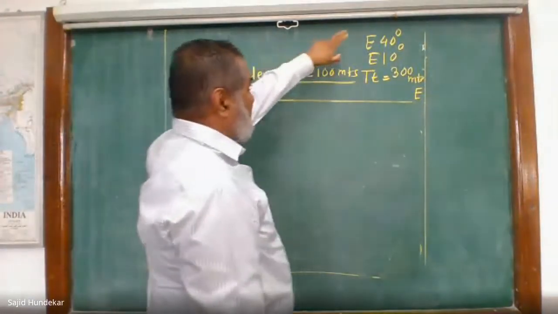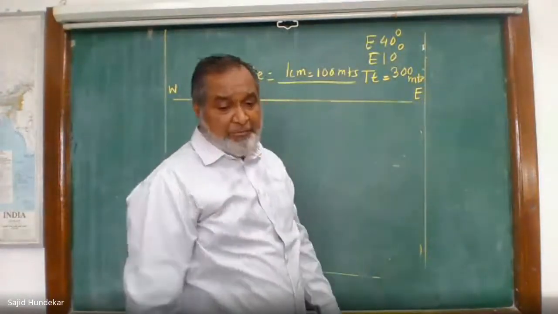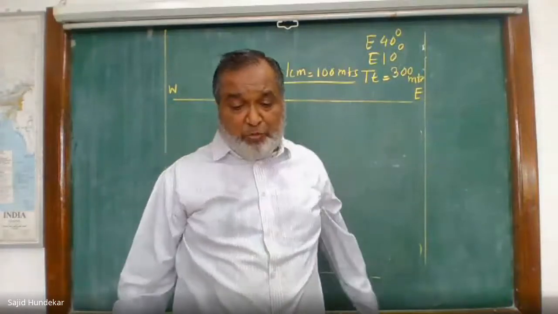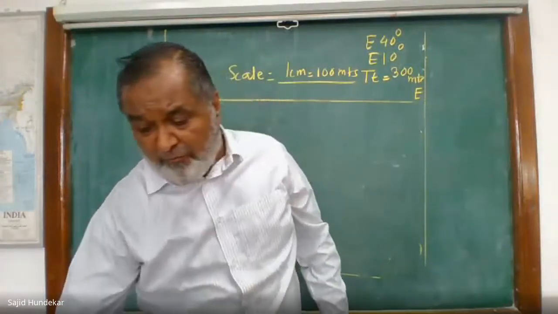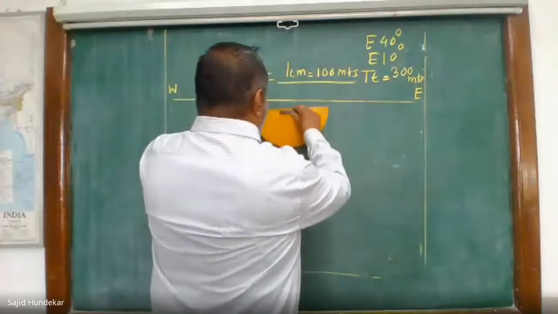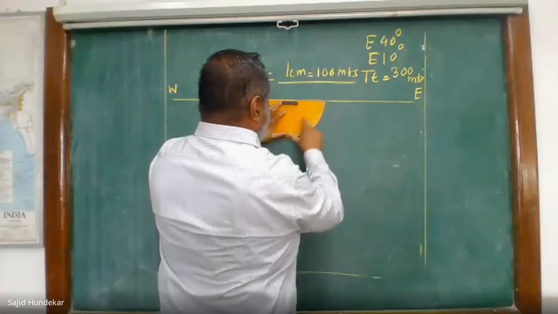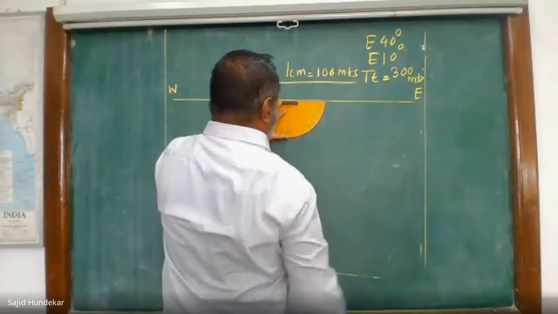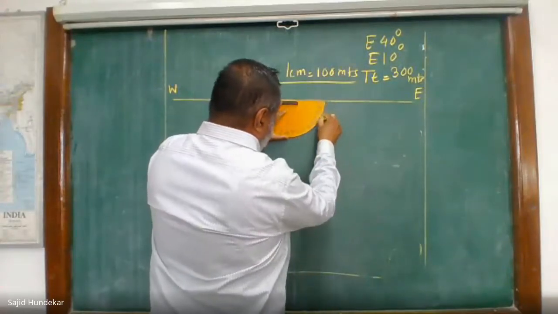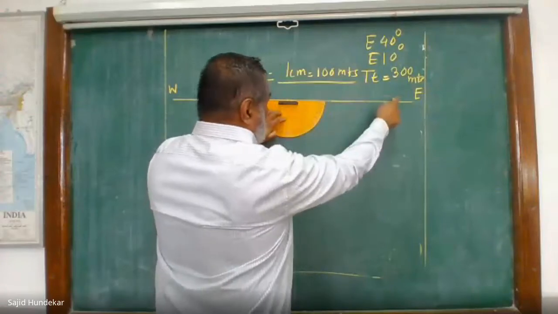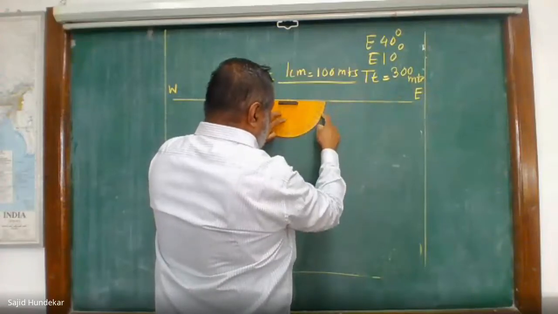The first one, here it is given the 40 degree. The conglomerate bed dips towards east by an angle of 40 degrees. So keep the point in the center, protractor, and make this arm of the protractor parallel to the horizontal line you have drawn. Measure from this side. No need to measure the other side because it is towards east. So 0, 10, 20, 30, 40.